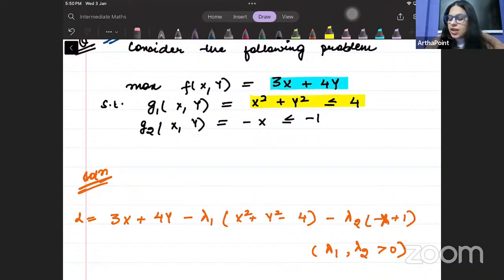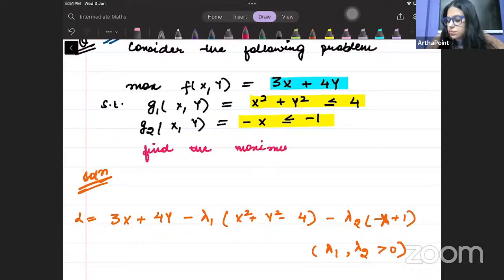The second constraint given to us is minus x less than or equal to minus 1. The question is asking us to find the maximum value of the function.